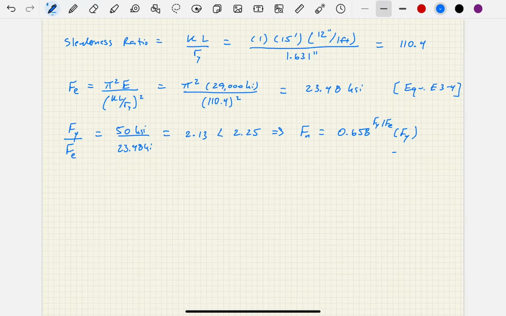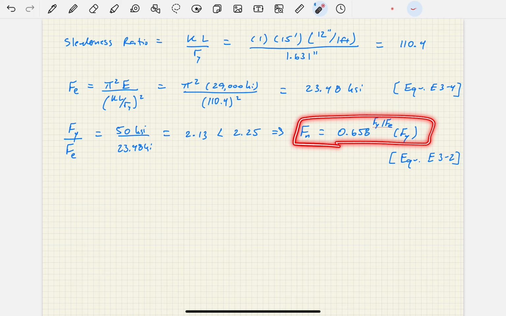And from the Steel Construction Manual, this is equation E3-2, all right?